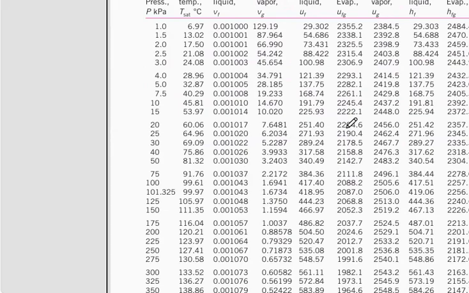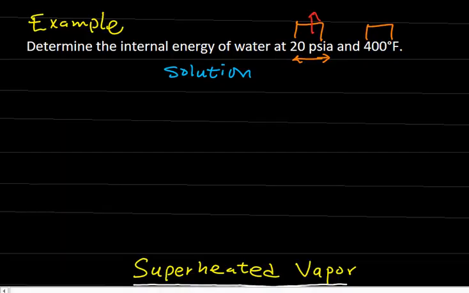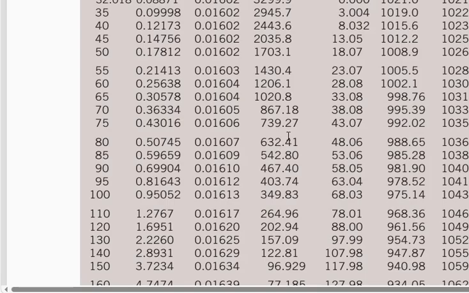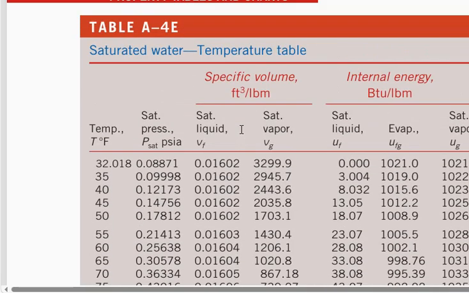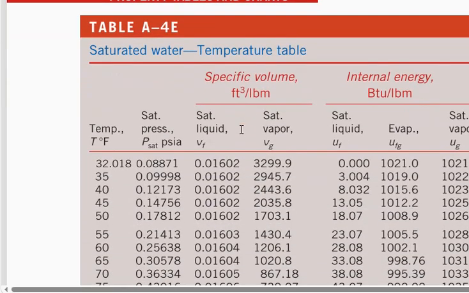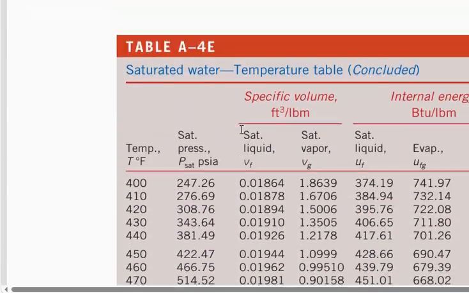I am looking at the pressure of 20 psia, and I'm using English units.